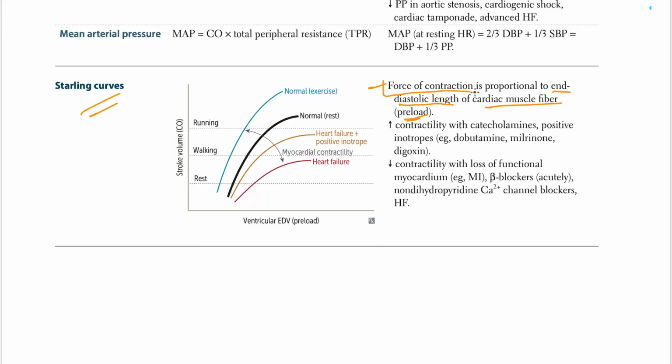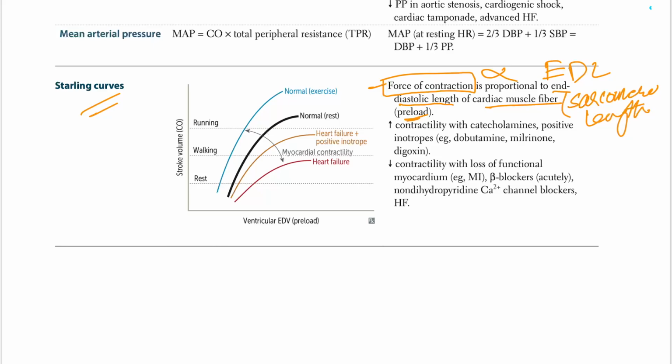They're saying force of contraction is directly proportional to your end diastolic length of cardiac muscle fiber. Although they're just saying cardiac muscle fiber, you should know they're talking about sarcomere length. Muscle fiber lengths are the sarcomere lengths.